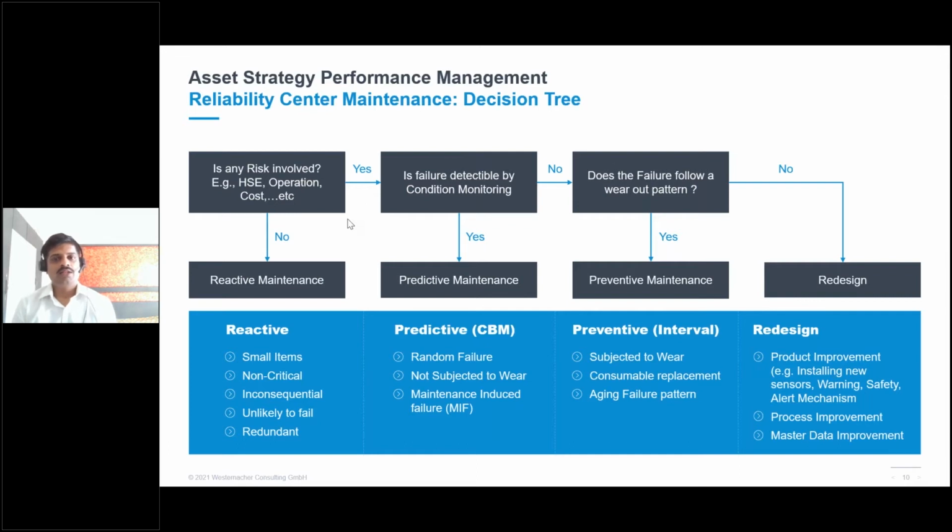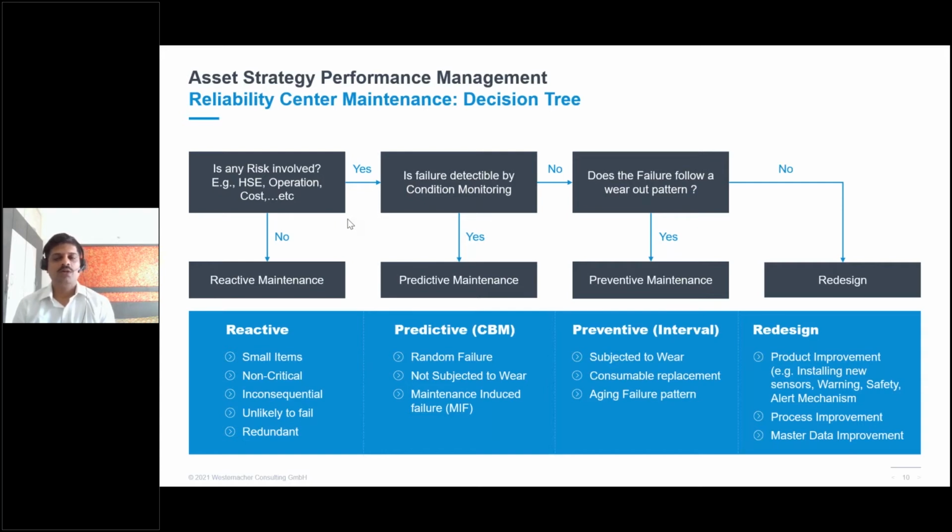But unfortunately if your asset doesn't follow any aging-related failure pattern or doesn't support condition-based monitoring, then I think it's the right time to think about and invest in the redesign of those assets. Again, redesign is not always a structural change.